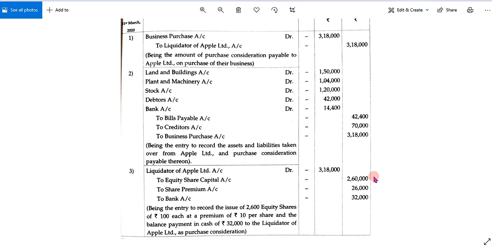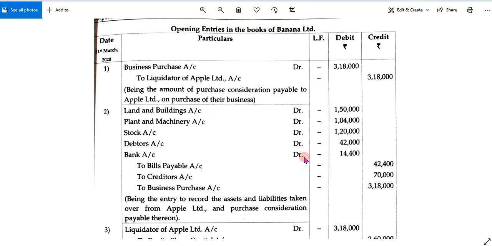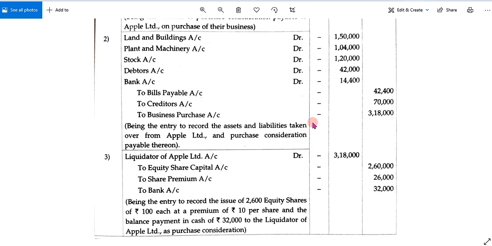The equity shares were discharged on 2,600 shares of rupees 100 each, so 2,600 multiplied by 100 gives 2,60,000. And to share premium account, meaning an extra 10 rupees was the premium, so on 2,600 shares it is 26,000. And to bank we gave the balancing figure, 32,000. So in this way you have to pass the journal entries in the books of Banana Limited.